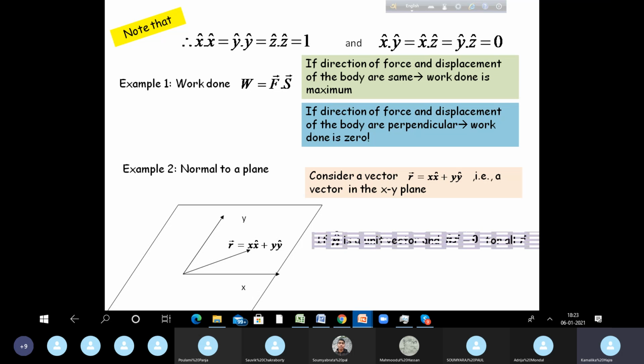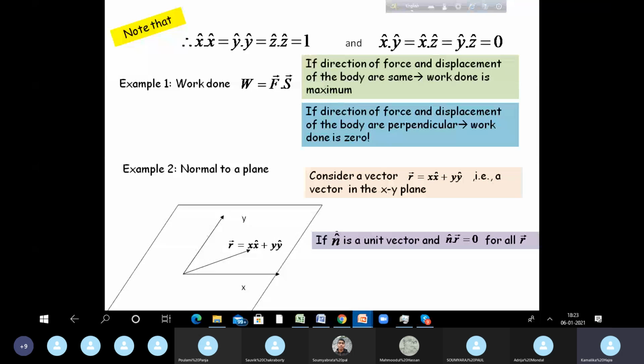Now if we have another vector, a unit vector called n cap, such that n cap dot r is 0 for all r. From the expression of r, you can see that r is variable, right? It depends on the values of x and y.